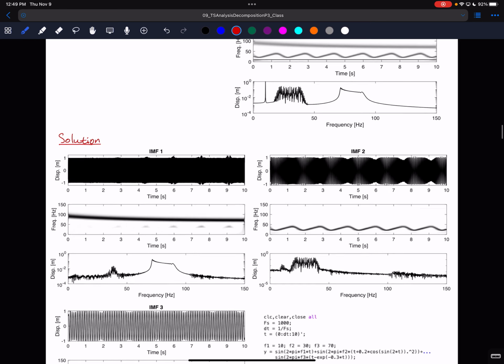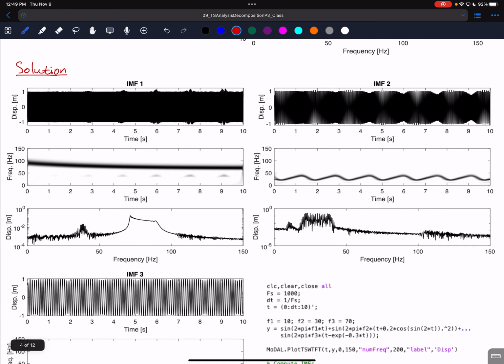In this particular signal, it does actually do a reasonably good job. Looking at the first IMF, shown there on the left, you can see that overall, this first IMF captures the highest frequency component. There is a little bit of the second component popping up right here.